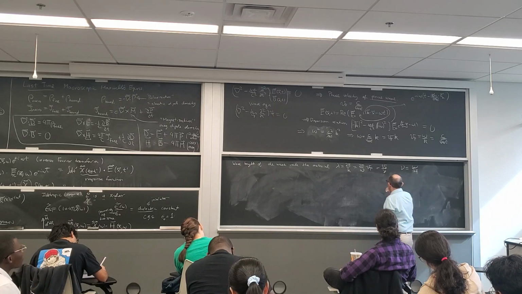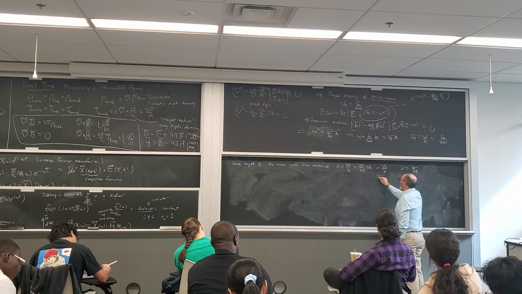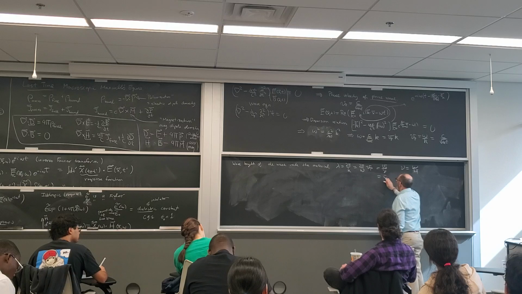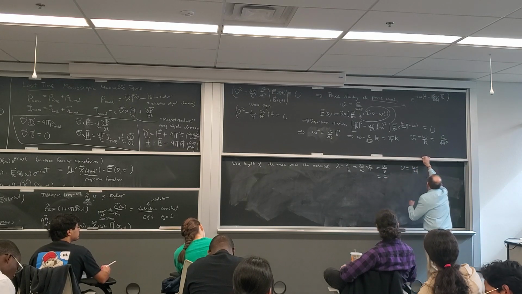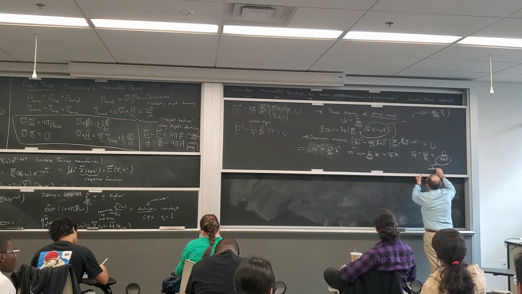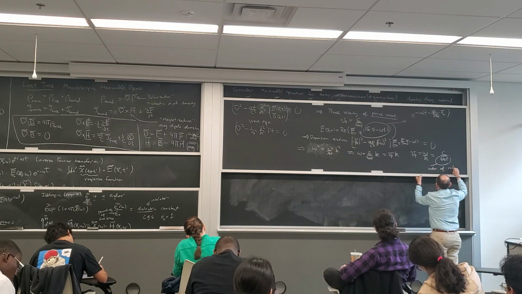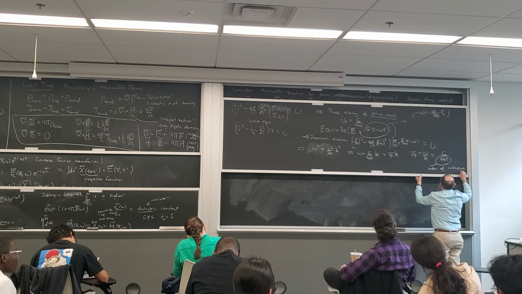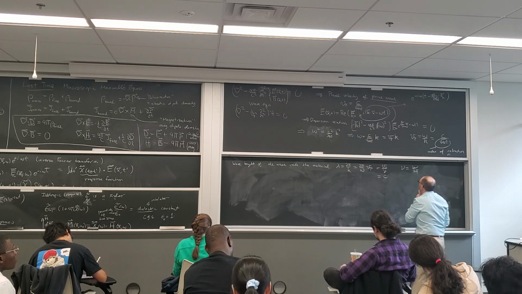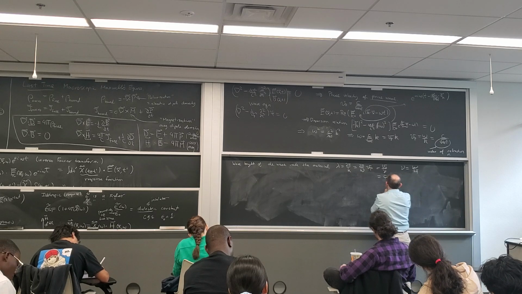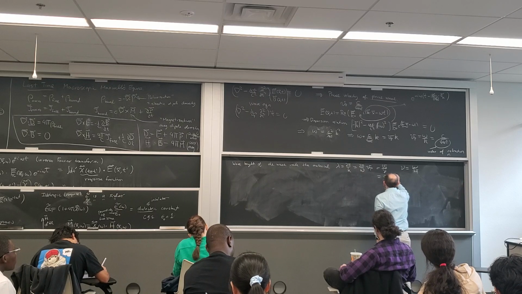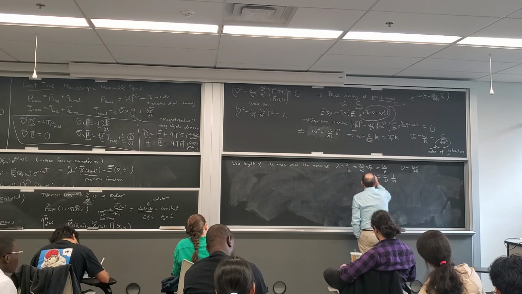So what this tells me is that the phase velocity is equal to c over, oh, I should have said, by the way, that this is the index of refraction, n. So this is equal to c over n, divided by the index of refraction.